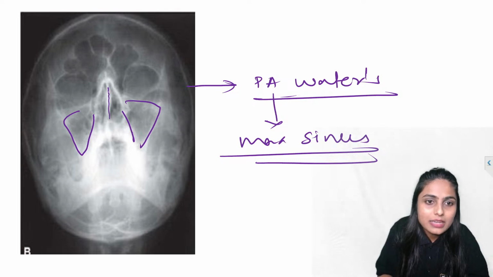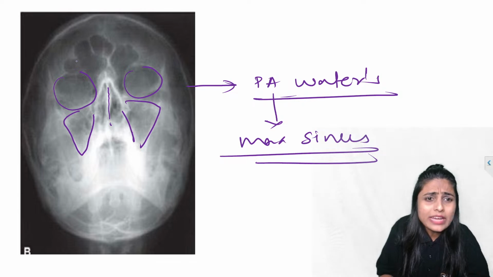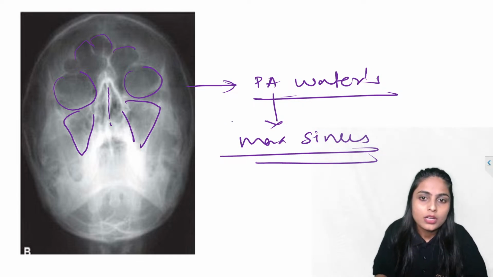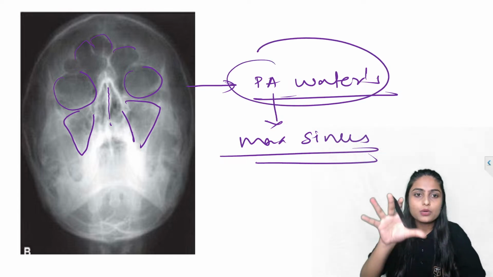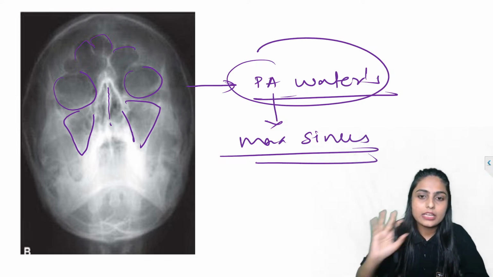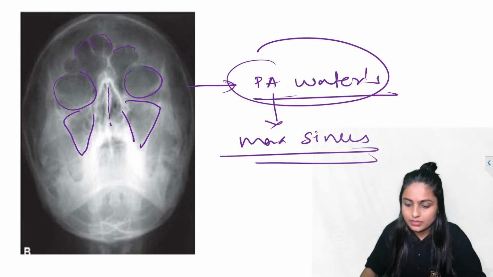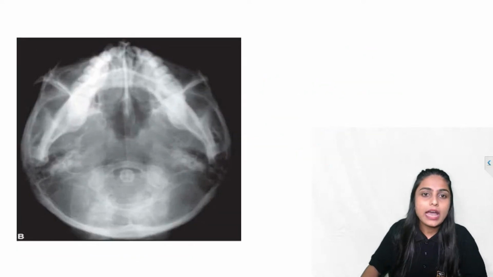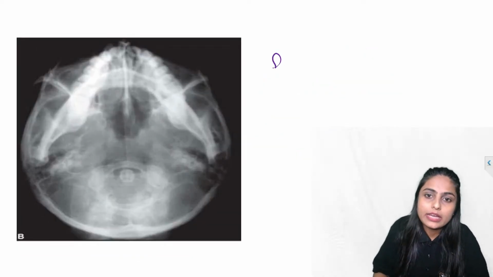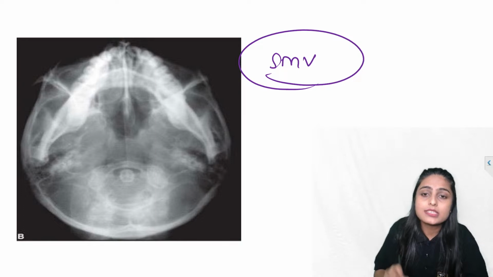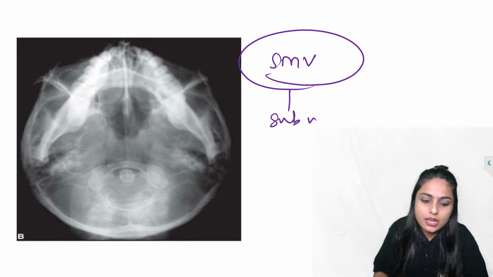You can see both sinuses, you can see the nasal septum clearly, the orbits, and the frontal sinuses also. The indication is for checking the maxillary sinus. Next we have this view, which is SMV, submentovertex.